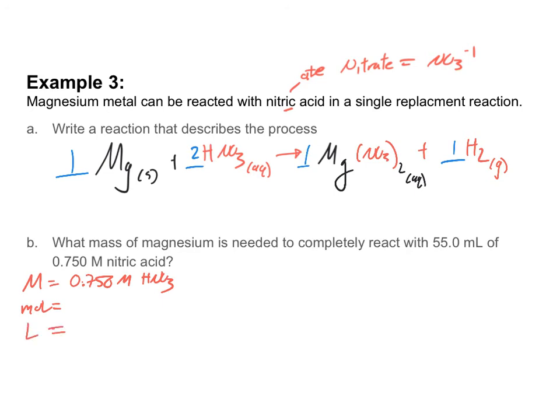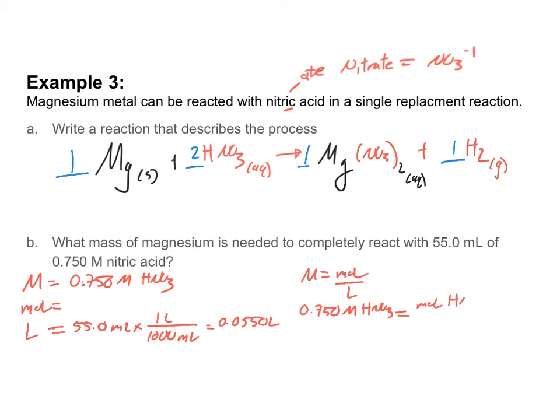In this case it is 55.0 milliliters, which, with 1 liter over 1,000 milliliters, will give me 0.0550 liters. So that tells me that I can probably solve for moles. So I'm going to take molarity is equal to moles over liters, which is 0.750 molar HNO3 will equal moles of HNO3 over these 0.0550 liters.